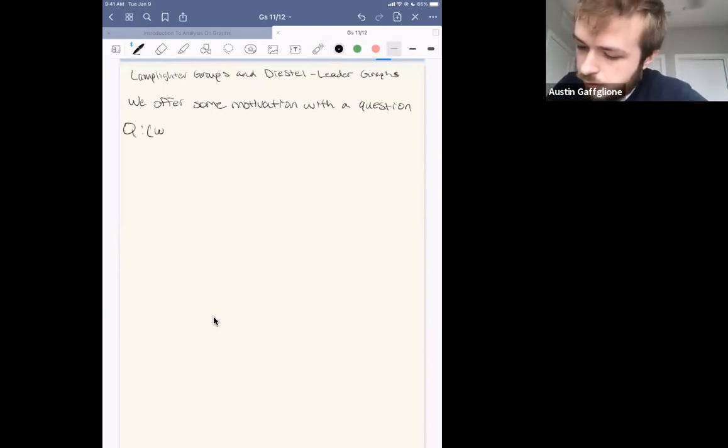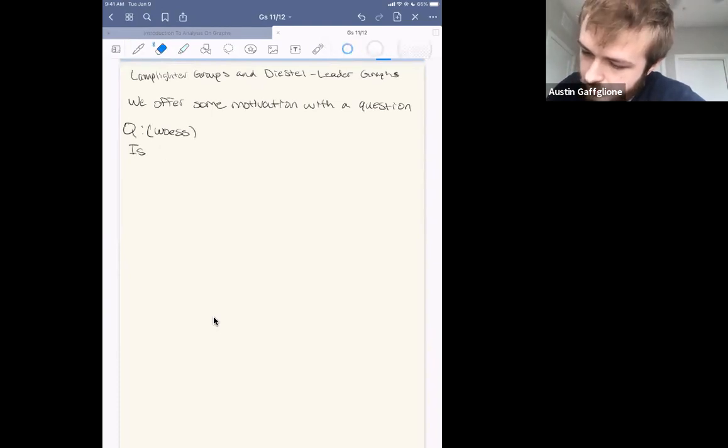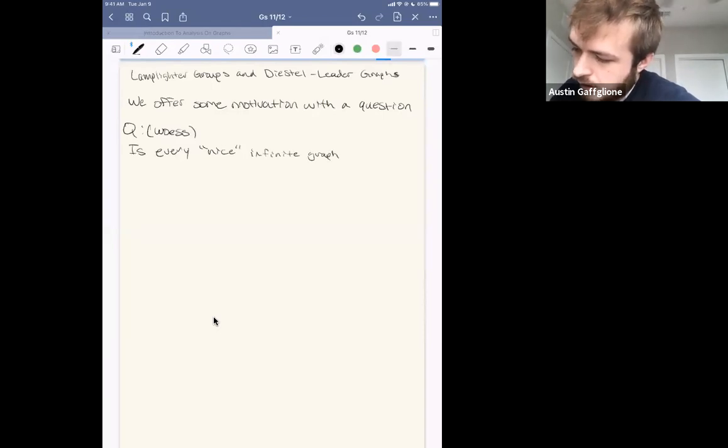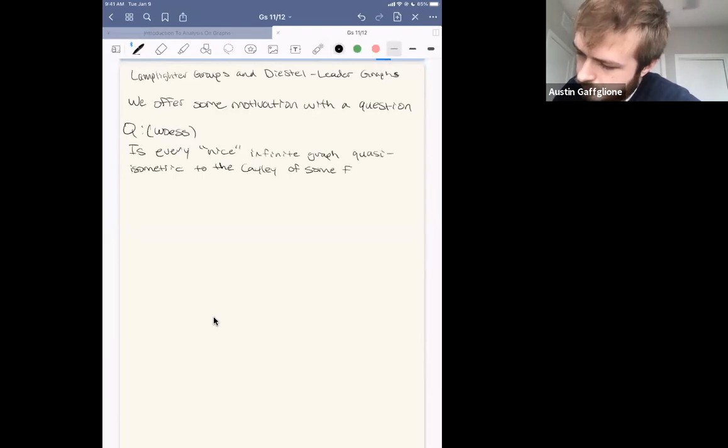He asks, this is credited to Woess: is every nice infinite graph quasi-isometric to the Cayley graph of some finitely generated group?